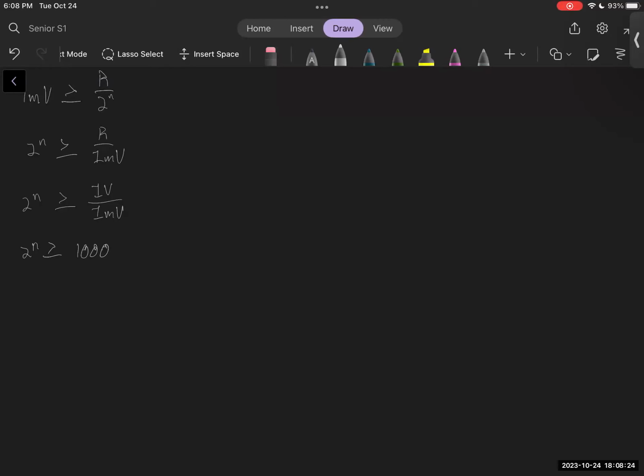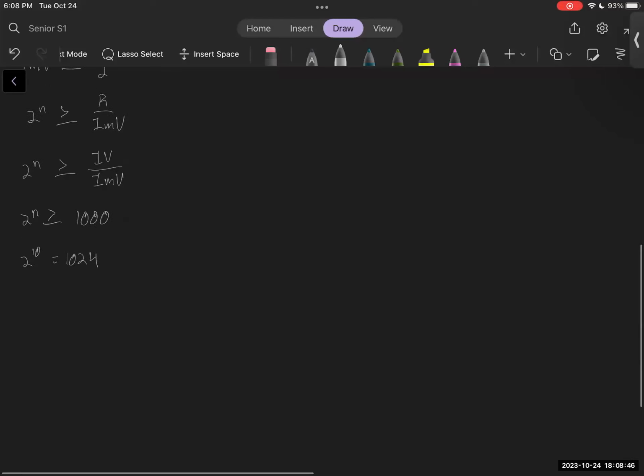To the power of 8 is 256. That's not greater than 1,000. To the power of 9 is 512. That's not greater than 1,000. But 2 to the power of 10 is equal to 1,024, which is greater than our 1,000, which means our n has to be equal to 10.